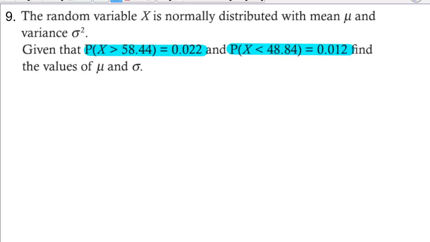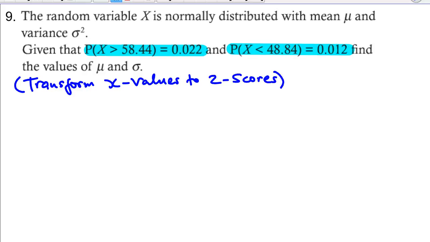Let me start with this one here. We are basically going to transform x values to z-scores. Same method that I've used in the previous two examples.